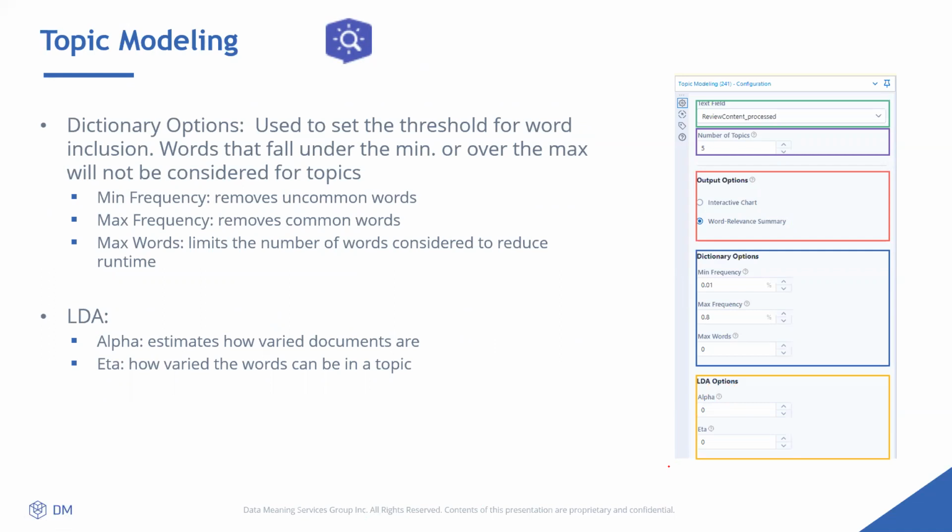If you have a higher alpha value, you're going to look for more relevance within different topics. And on the ETA, a larger value requires more similar words before the topic is created. And if it's a lower ETA, then fewer uses of that word will be needed before Alteryx makes it into its own topic.